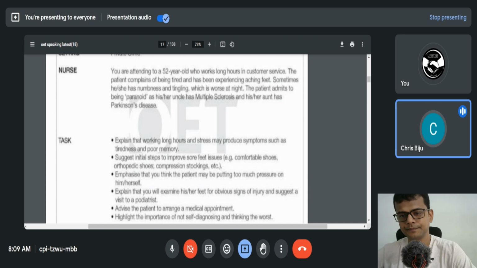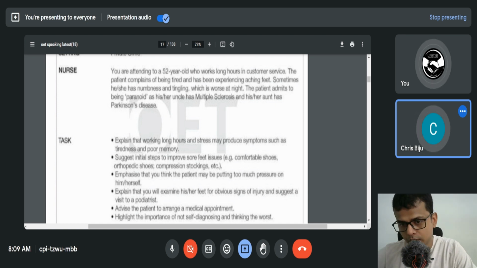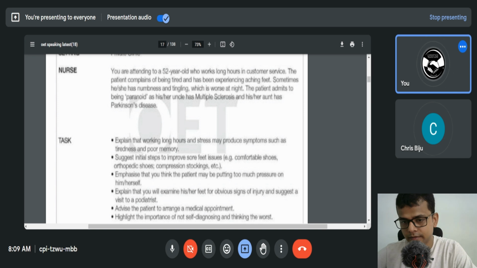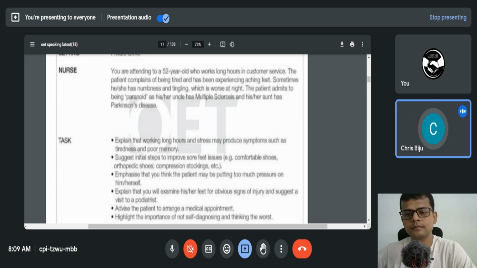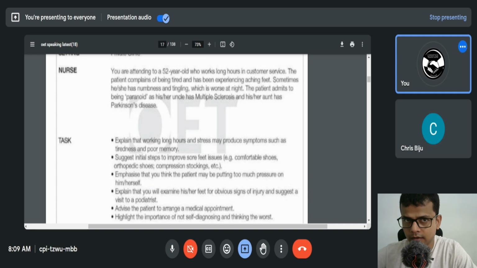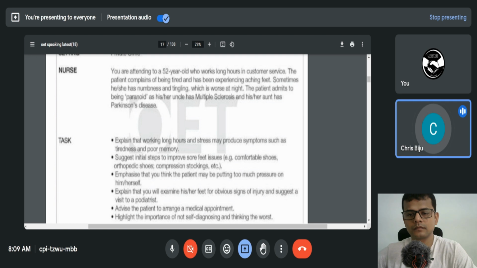Okay. Now, what I will do is examine your foot, observing whether there is any change, any signs of infection, or any signs of injury.